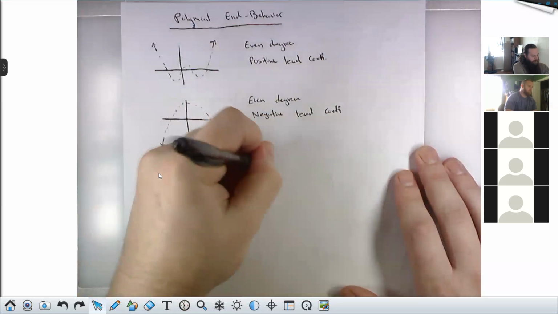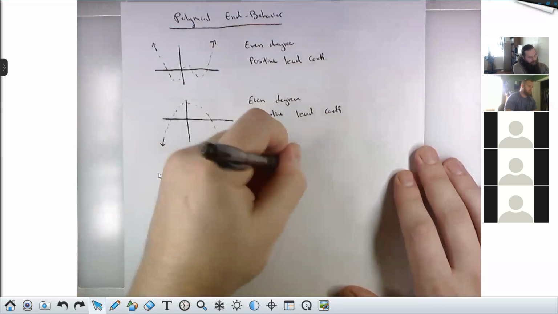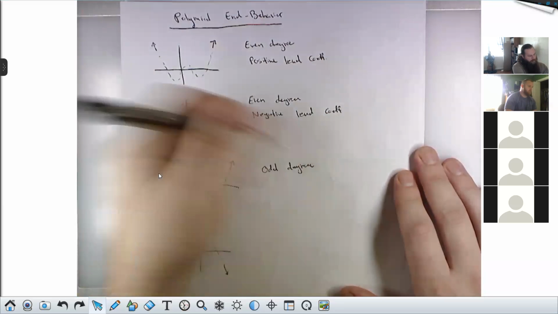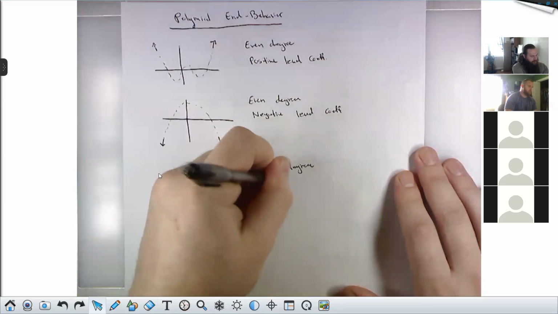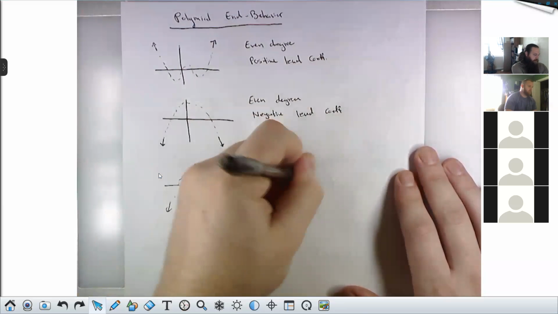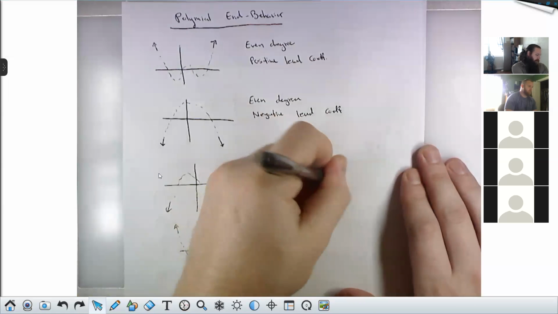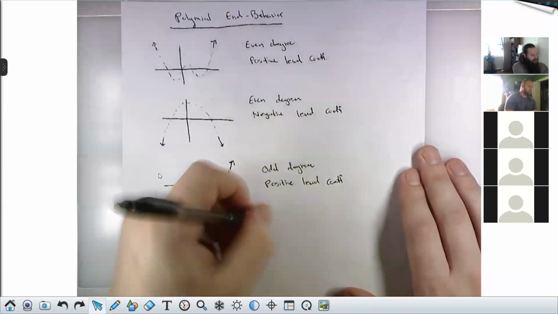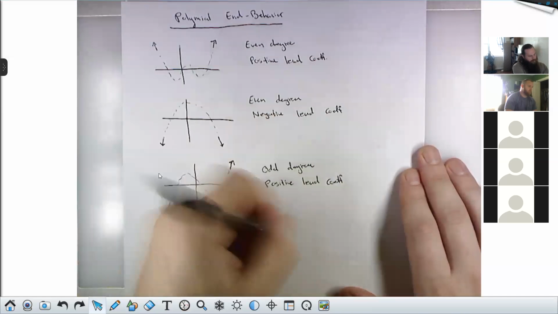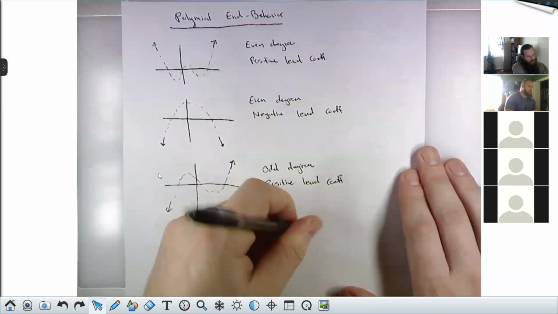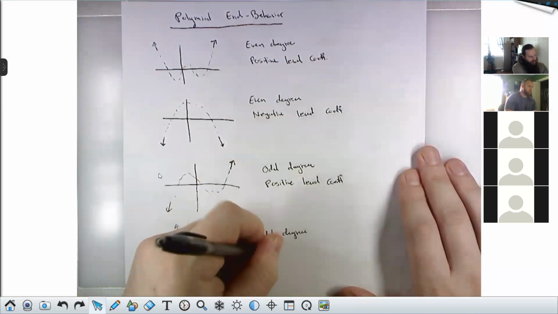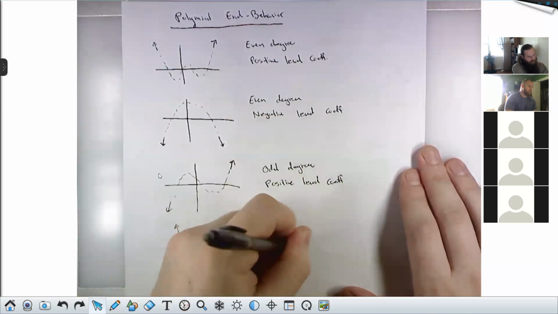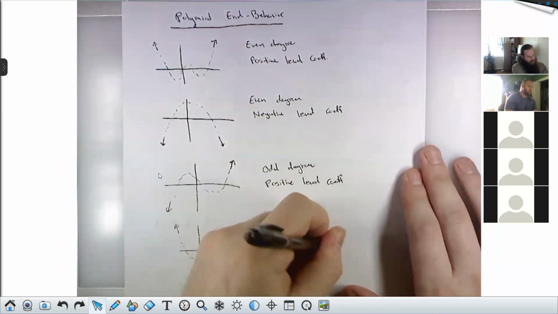This one is what it looks like if you have an odd degree and a positive lead coefficient. And this is what it looks like if you have an odd degree and a negative lead coefficient.